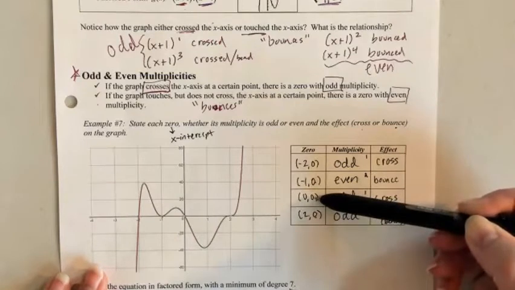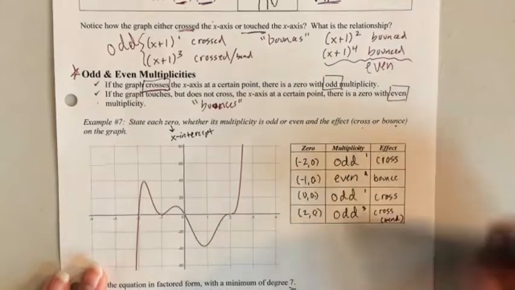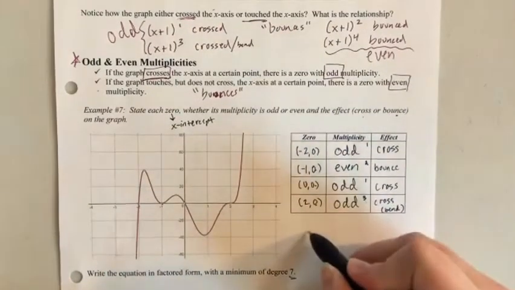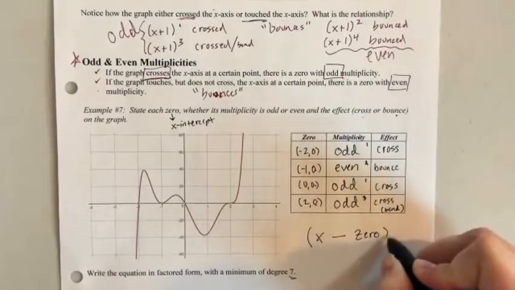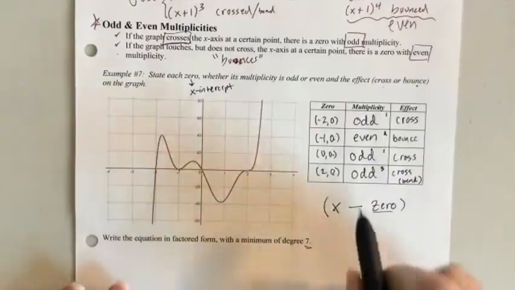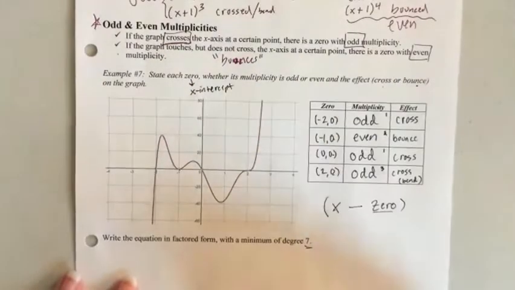And 0 is kind of interesting. 0, you could basically write it as x minus 0, but that's just the same as saying x. So that's going to be the factor that corresponds here. Essentially, we're writing all of these as x minus whatever 0 we're working with. X minus a negative would turn positive.